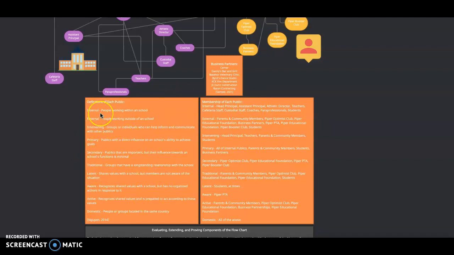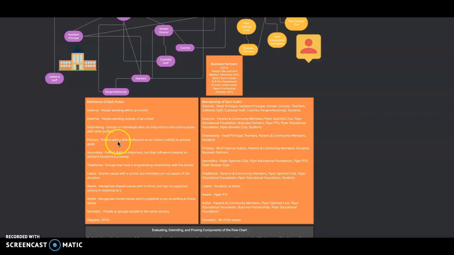I think they're really broken down into internal and external, but also I think this really helps prioritize which ones are really important and detrimental to the success of our program. And so we have the primary membership of each public, and the primary public, that's really important.